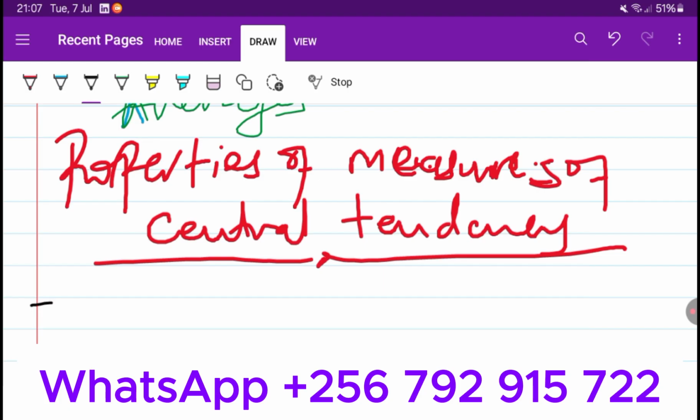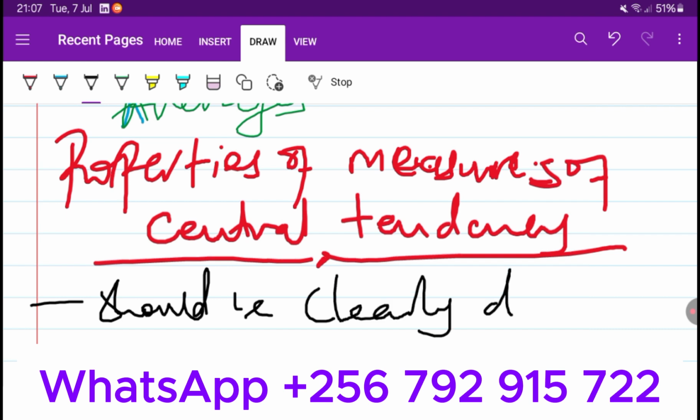Of course, the first one, I'm just going to highlight because they are self-explanatory. It should be clearly defined.